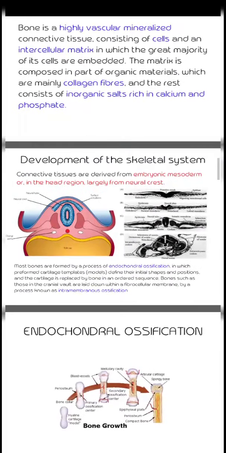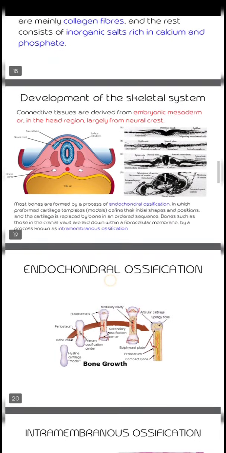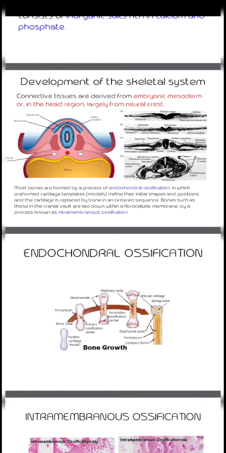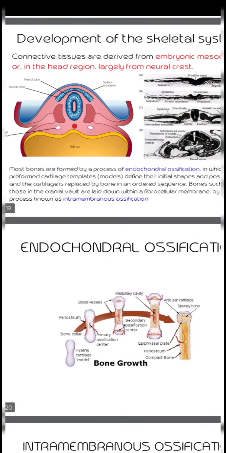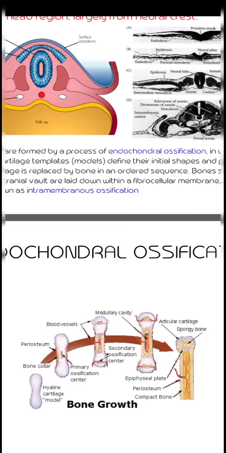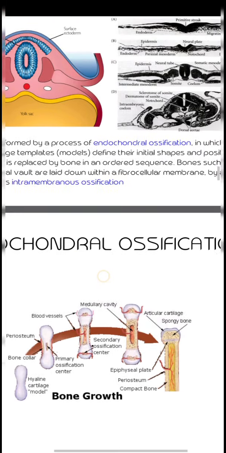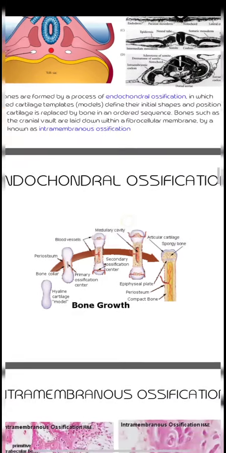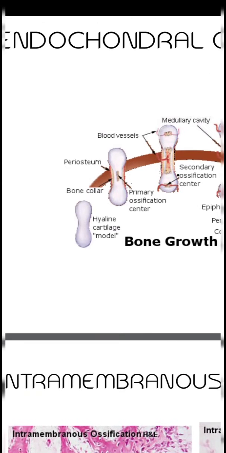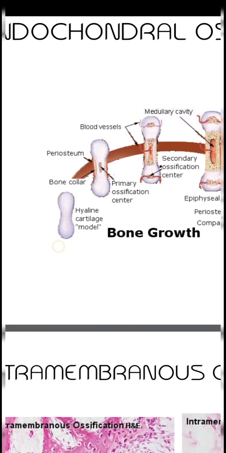In the body, they are from mesoderm. In the head region, they are from neural crest cells, and they are formed by a process which is known as endochondral ossification. Now, what is endochondral ossification? First, a model of cartilage is formed, just like this.